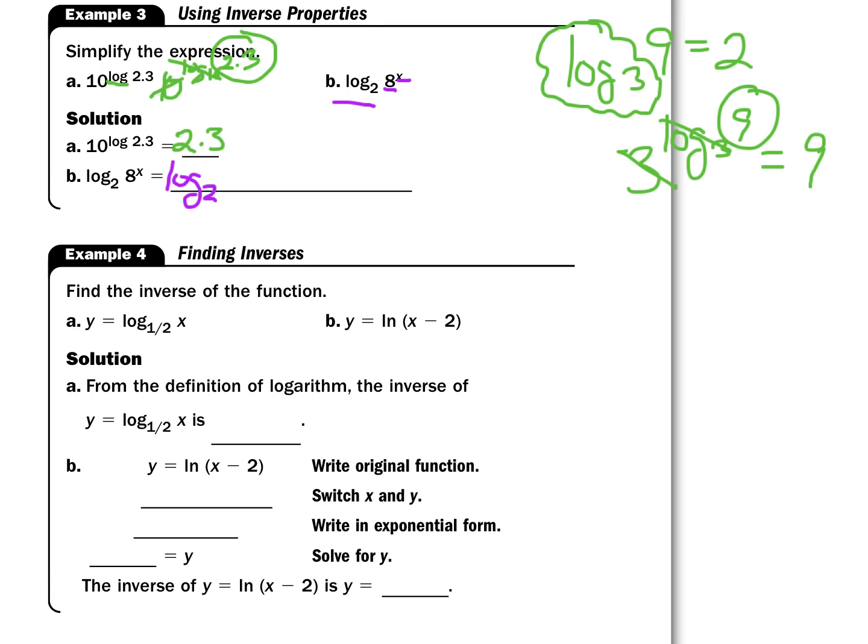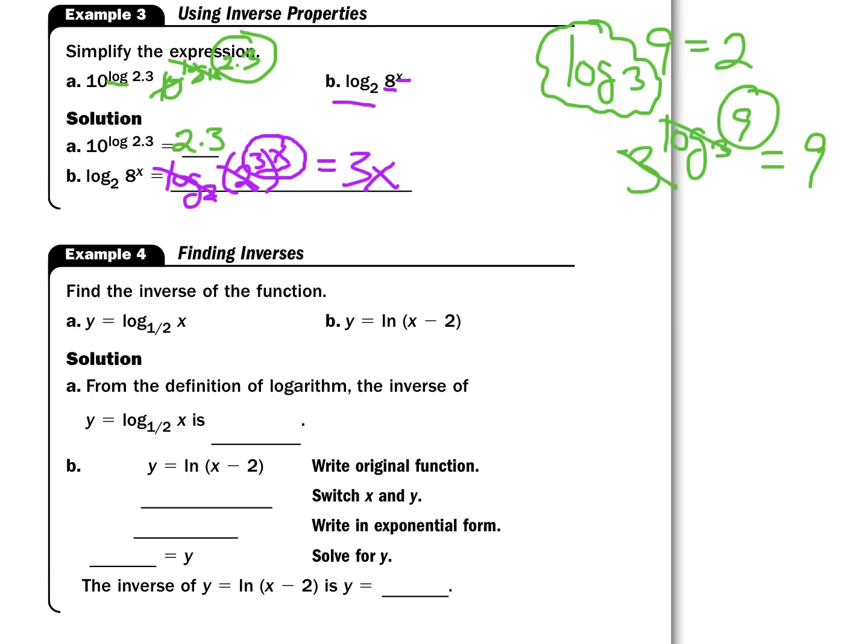So that would be log base 2 of 2 cubed raised to the x power, and then I use my power of a power property. That is the same as 2 to the 3x power. Then my log base 2 and 2 cancel out, and I'm just left with 3x.